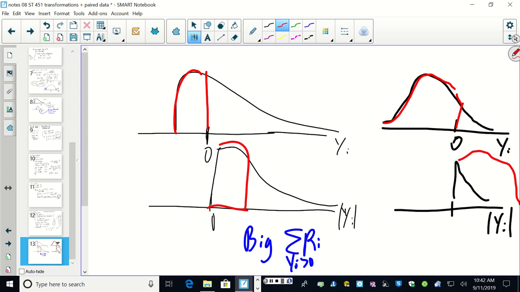And so out of all of that, you get a small sum of Ri when yi is greater than 0. And if it's balanced, these can be small sample sizes, so if it balances out, then you'll get something in the middle. And so we want to try to judge, is this extreme or not?